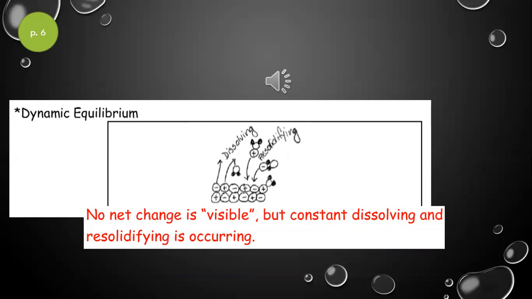But because this is a saturated solution, when that happens, we're going to also have things joined together and end up sitting on the bottom, resolidifying essentially. The rate of these two changes happening at equilibrium will be equal. We'll have as many things dissolving as are resolidifying. So there's no net change visible, but we have to realize that there's constant dissolving and resolidifying occurring.